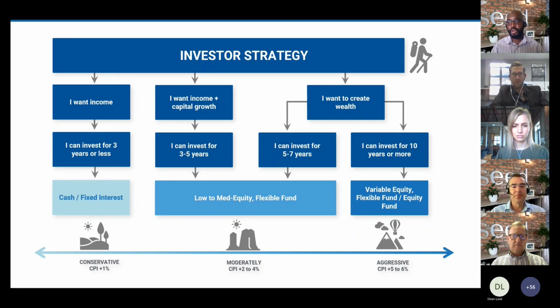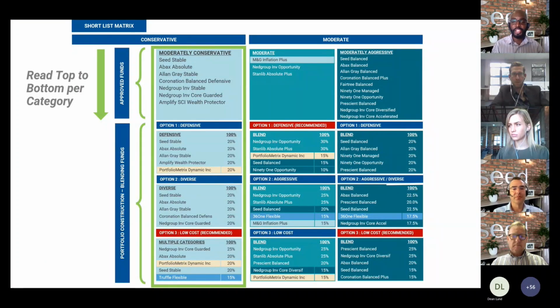So if we just kick off, if we look again at how we read that shortlist, we've had this for a few months, but it's still a relatively new document. Just to go through that again, how to read that shortlist matrix, focusing on that moderately conservative category. We read this shortlist from top to bottom, and that top section indicates the funds that are listed within that category.